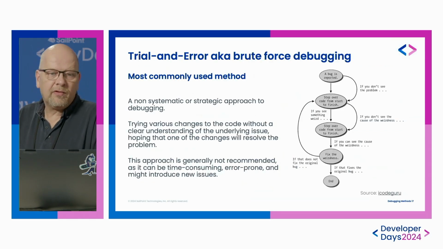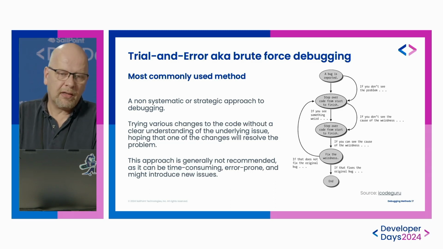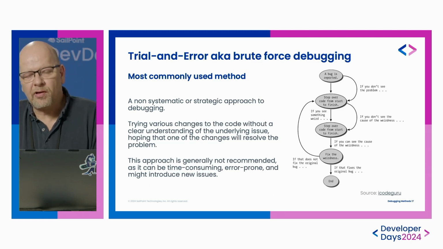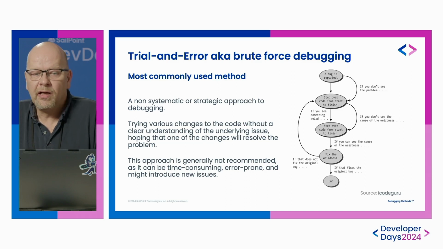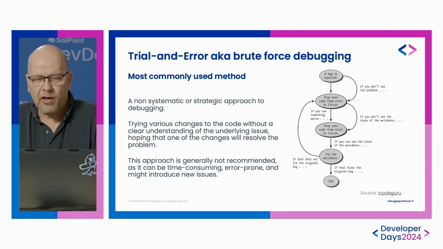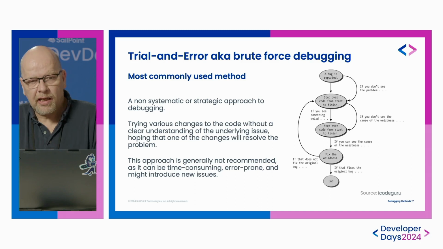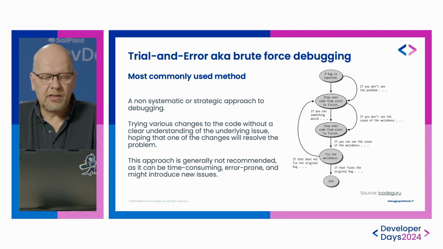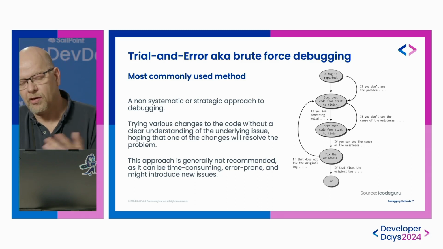Then let's go to a couple of ways to debug. This is a type of debugging that I've been using quite a lot, and I see it with other developers as well. Just go over the code. Oh, there's something wrong. Try to fix it. Test it again, and hopefully it's solved. If it's not solved, then go to the code again.